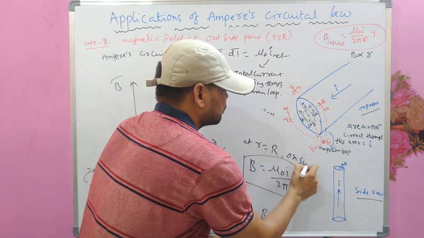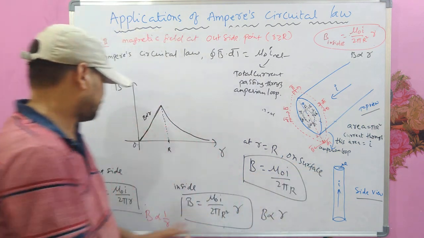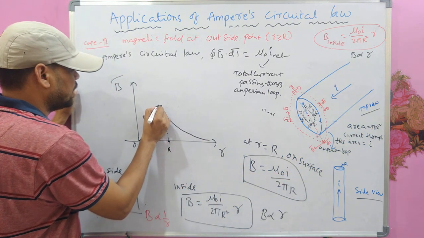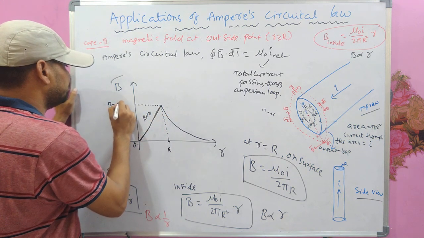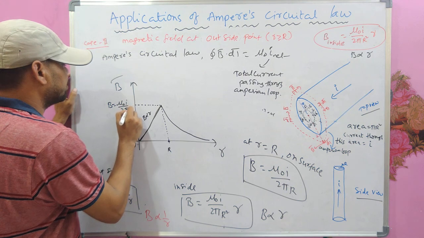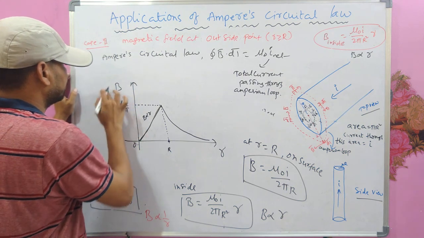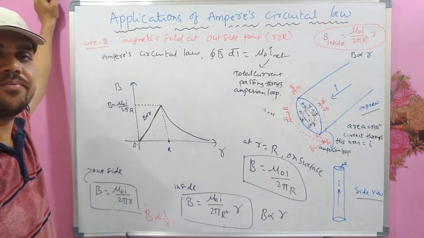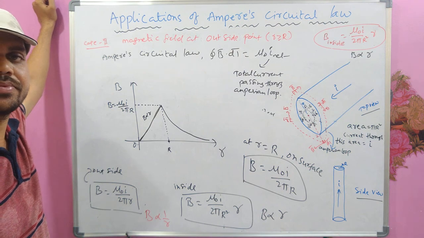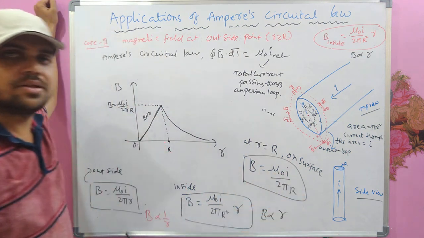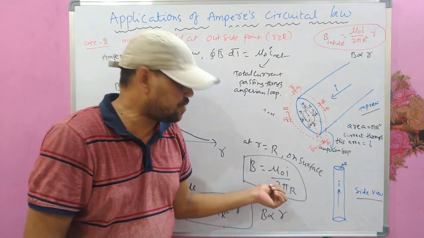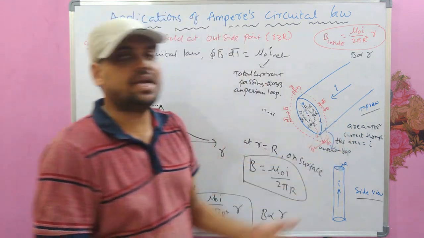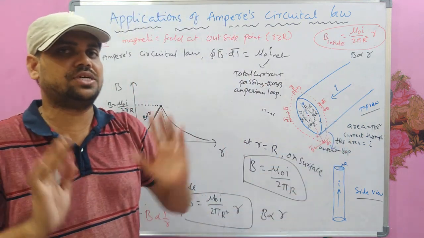On surface, this outside, inside, on surface, which means at this point, B is mu naught I by 2 pi R. Which is telling you that both formulas are giving you the same value for r equal to R, which means that the magnetic field on the surface of the wire is continuous.